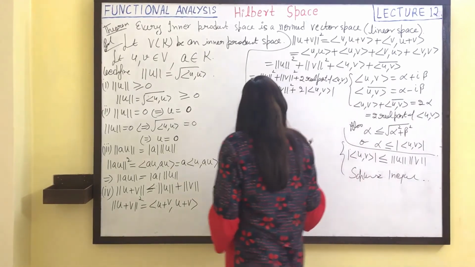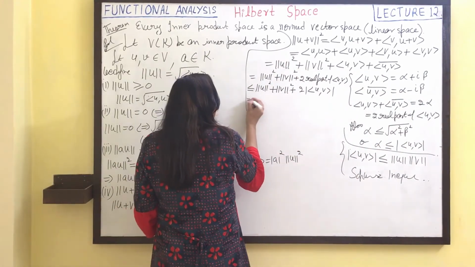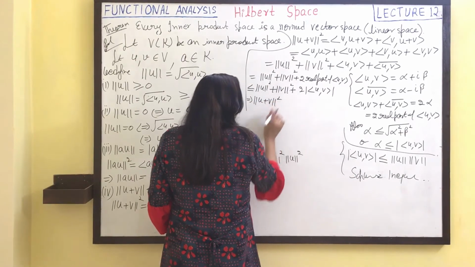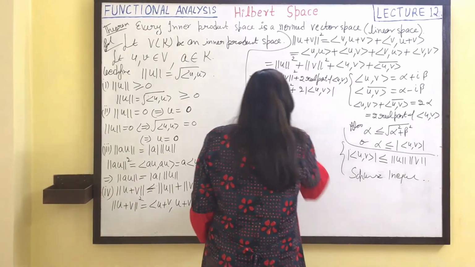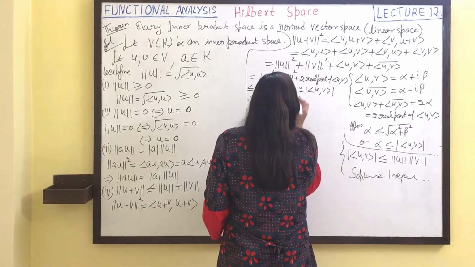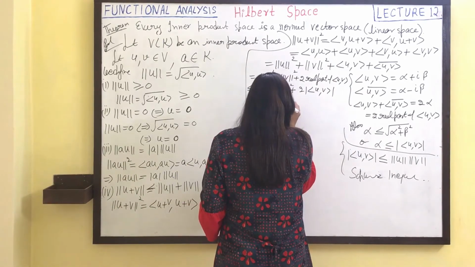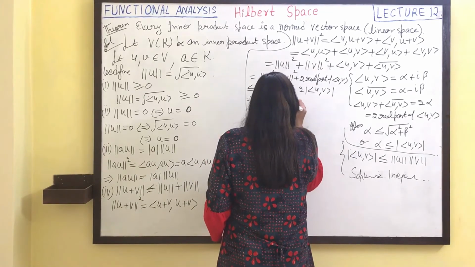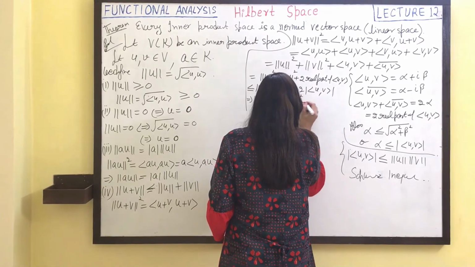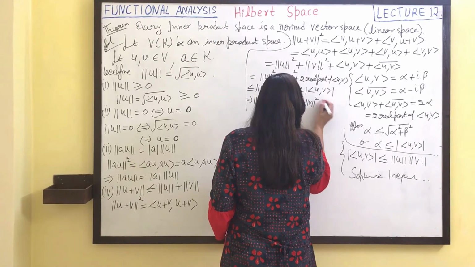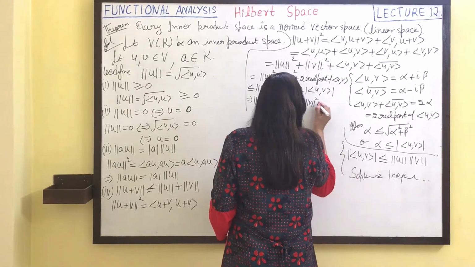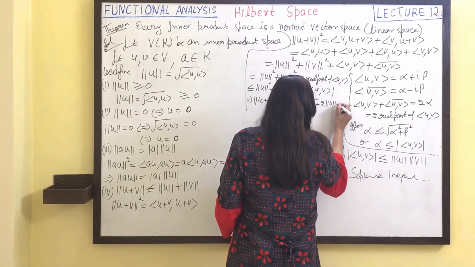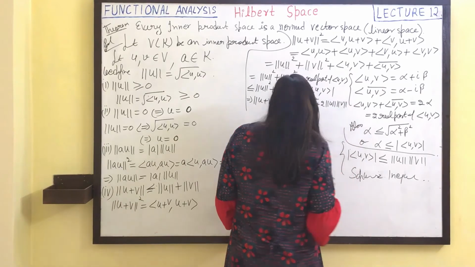So now we can write norm u plus v whole squared is less than or equal to norm u squared plus norm v squared, and here plus twice of norm u multiplied by norm v.